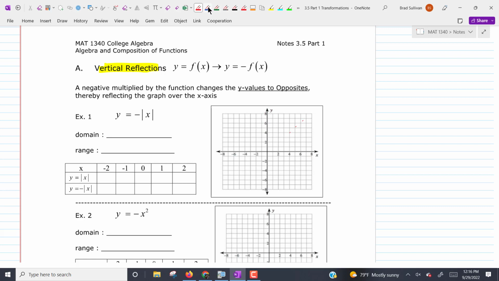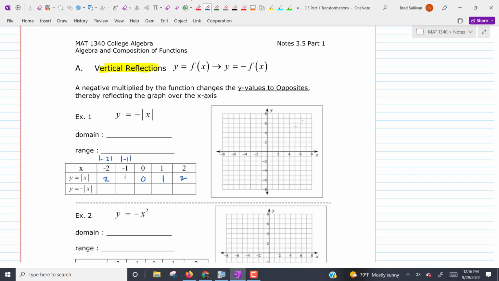Okay, so to begin with, we're going to graph negative absolute value of x. We start by doing just the absolute value of x, okay? I've given you these x values to use. All you're doing, in your head, is the absolute value of -2 is 2. Absolute value of -1 is 1, 0, 1, and 2.